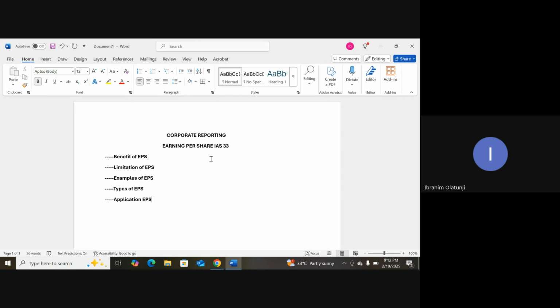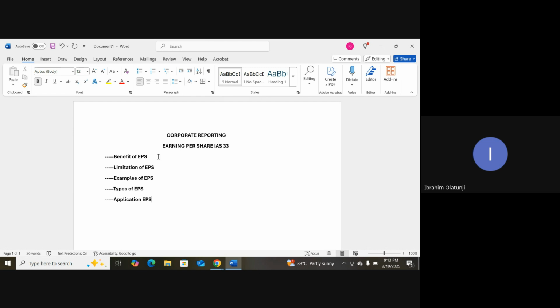When we talk about the benefit of earnings per share, we are using the earnings per share to measure financial performance between the entities.